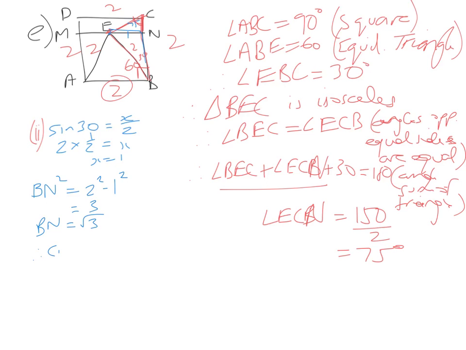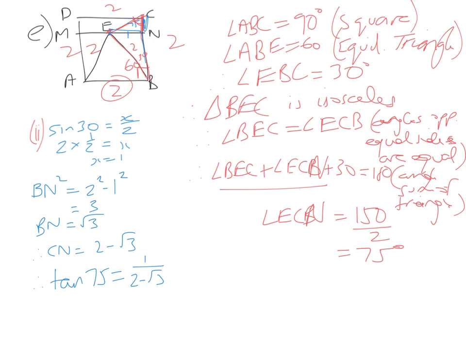So therefore CN, that little bit just here, it's 2 all the way, so it must be 2 take away root 3. So now, using that, tan 75 is opposite, which was 1, over adjacent, which is CN, which is that.